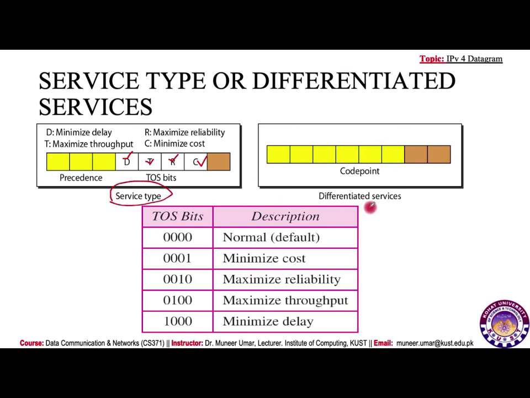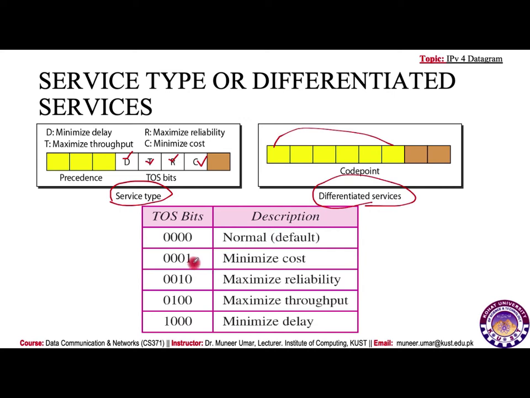We also have differentiated services, in which we use the code point for these bits. If we put zeros to these 4 bits, then it would be a normal case.